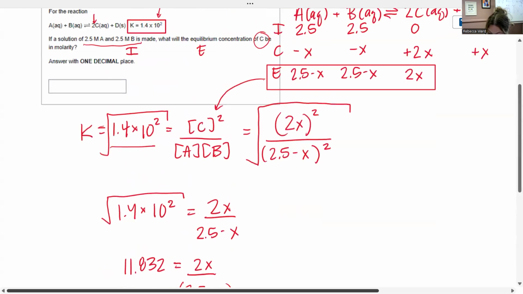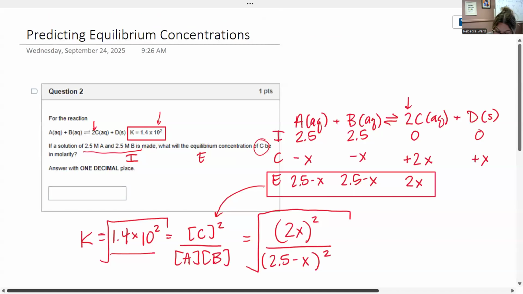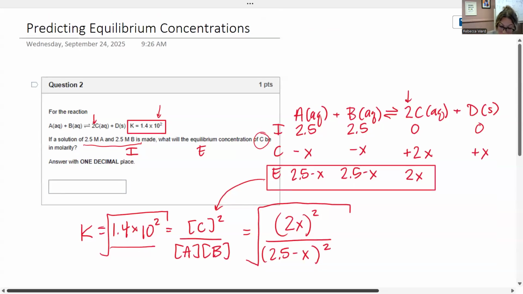So we go back up here, and before you're like, oh, I got x, I'm just going to plug in 2.1, stop yourself. Read the question again. What will the equilibrium concentration of C be? C is not x at equilibrium.